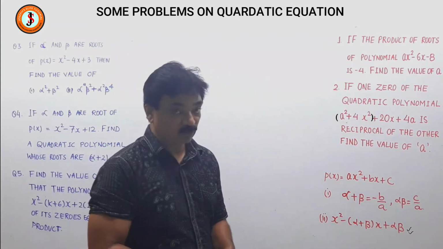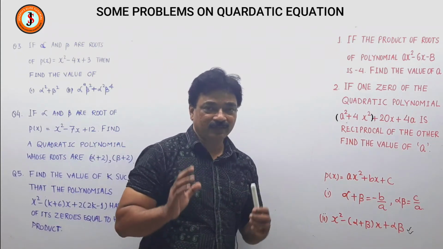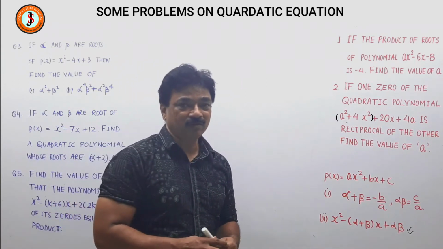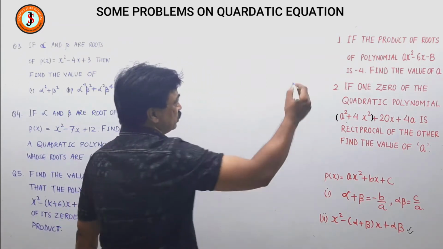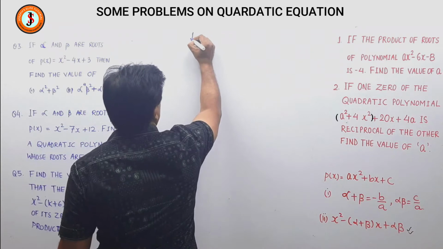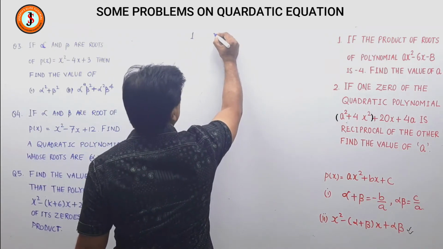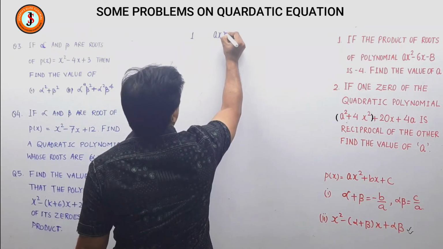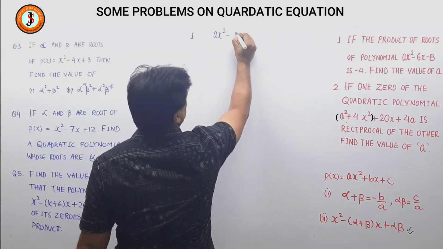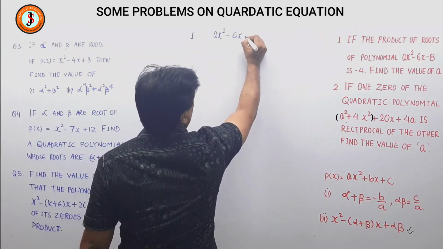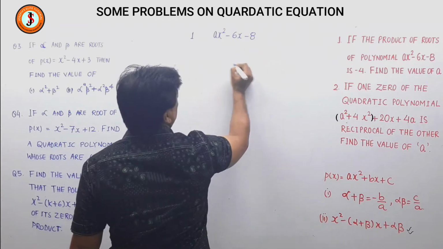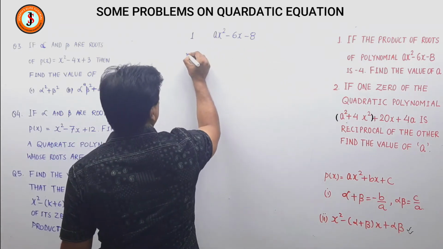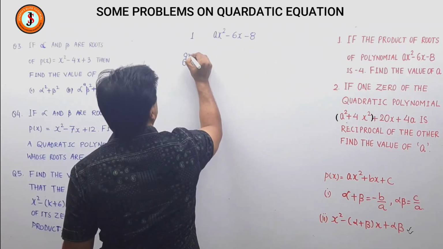Taking the first question now, first you should collectively write down the data and the formula relations. So, question number 1, the given polynomial is ax square minus 6x minus 8. Now, what is given and what are the things we can retrieve?